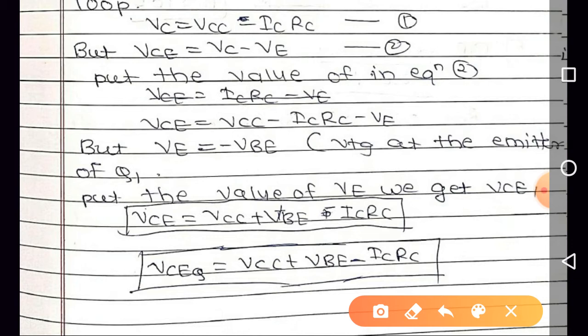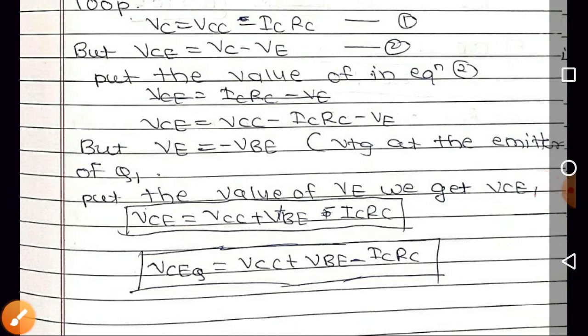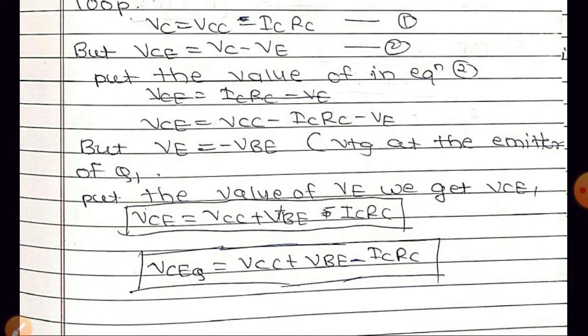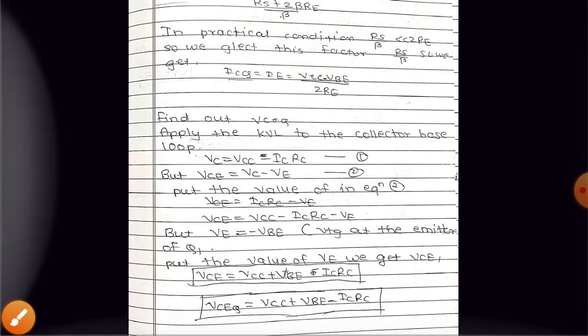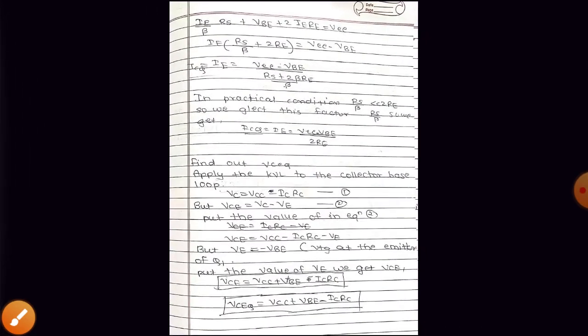But VE is equal to minus VBE, the voltage at the emitter of Q1. Put the value of VE, we get VC is equal to VCC plus VBE minus IC times RC. VCEQ is equal to VCC plus VBE minus IC times RC. It is the value of the VCEQ.